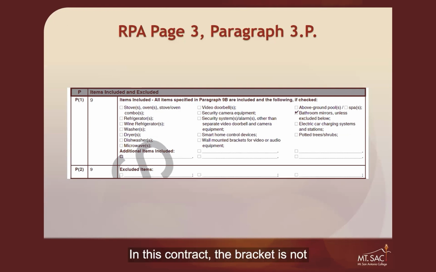In this contract, the bracket is not included unless you check the box, then the bracket is included. And you'll find in later language, if the bracket is removed by the seller, they have to patch, but they don't have to repaint, just like we have in the current contract. All right.